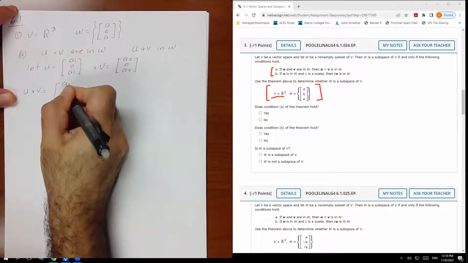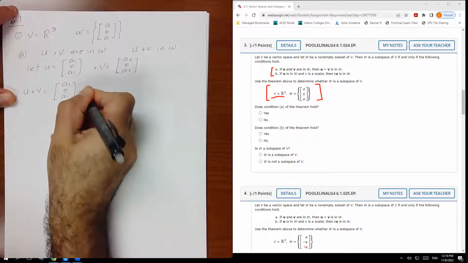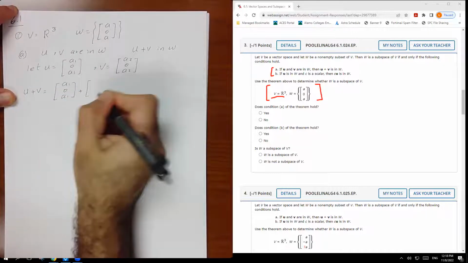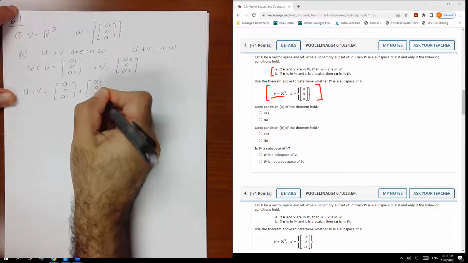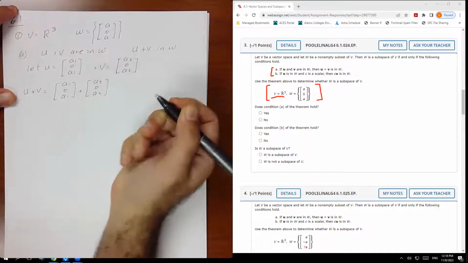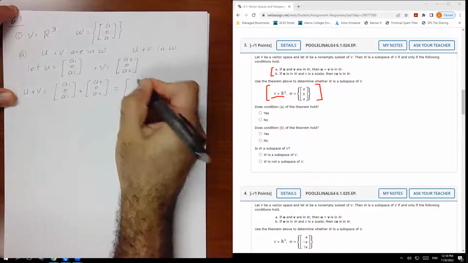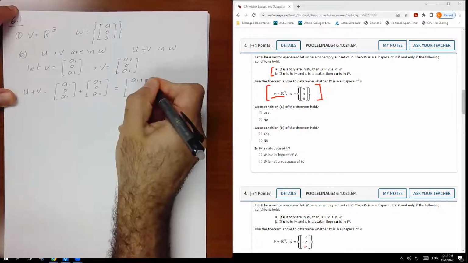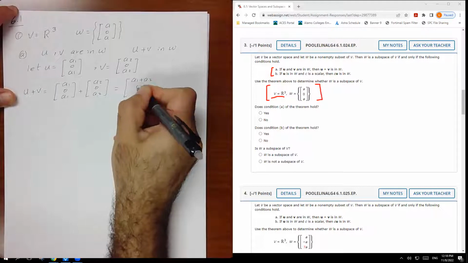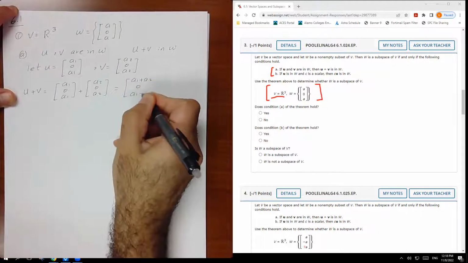Now we need to prove that U plus V, which is A1, 0, and A1 plus A2, 0, and A2. The addition of these two vectors is going to be A1 plus A2, 0, and A1 plus A2.